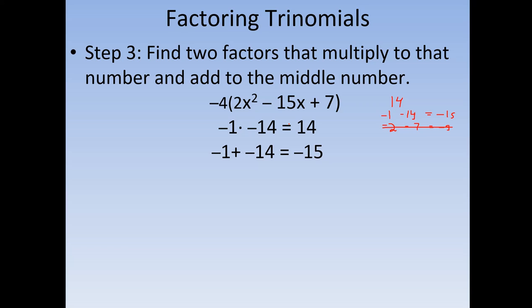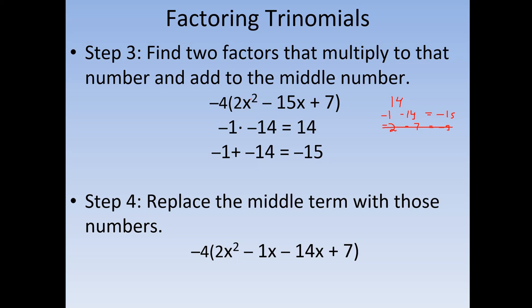So again, it's very similar to the AM method. Now here's where we make it a little bit different, because remember, the whole point is we're going to end up factoring by grouping. But in order to do that, we need to have 4 terms. So what we're going to do is replace the -15 with these 2 numbers. My original polynomial was 2x squared minus 15x plus 7. Now I'm going to rewrite it so it's 2x squared minus 1x minus 14x plus 7.